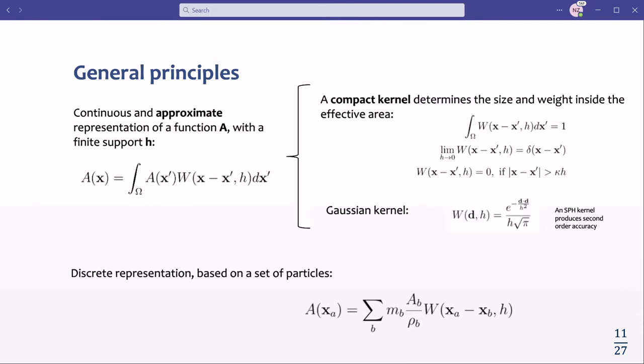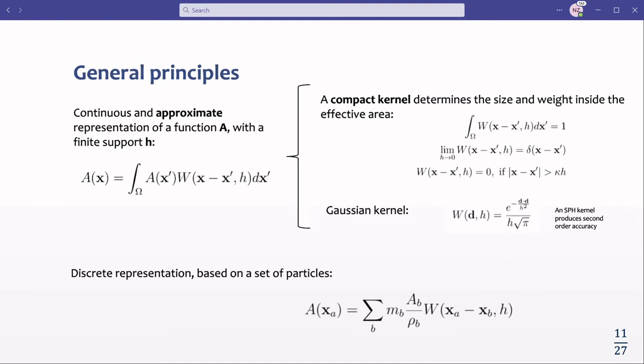So here is a general principle. If we were to solve this problem in the general case, in a continuous domain, we have the integral to the left. The value of variable A at x, at the position x, that is a vector here, will be the integral over the domain of the variable A at those locations multiplied by the weight of those locations in our integral.